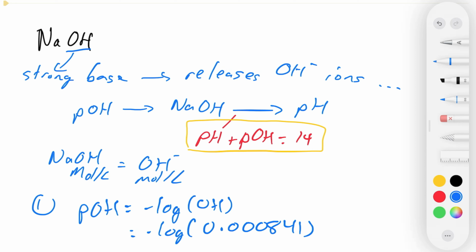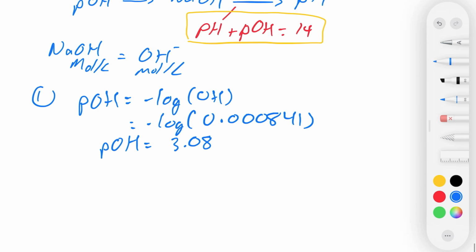And when we calculate that, that would give us a pOH value of about 3.08. And again, don't forget to put the negative log.